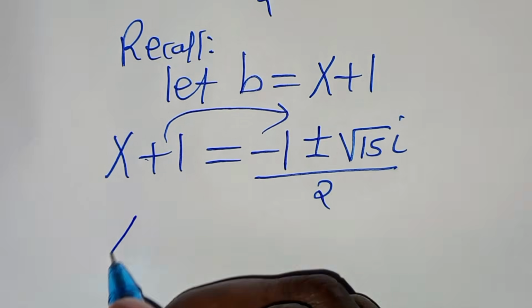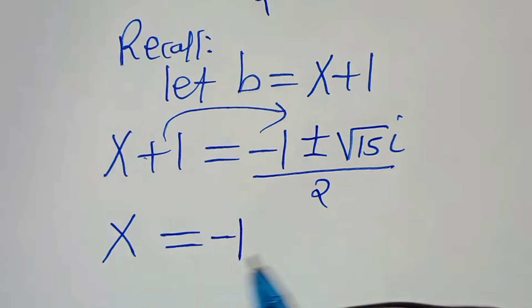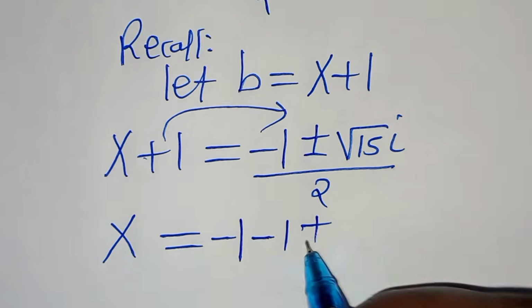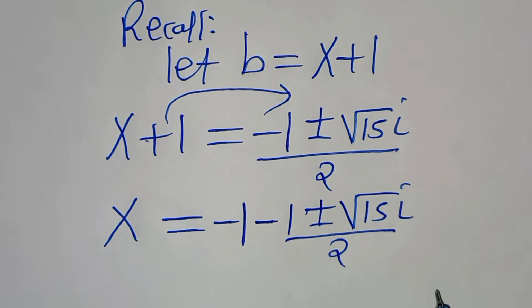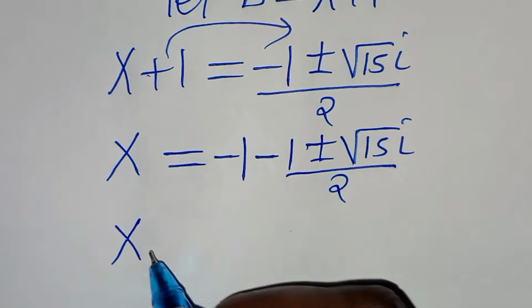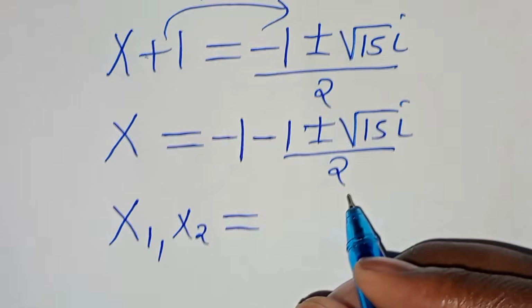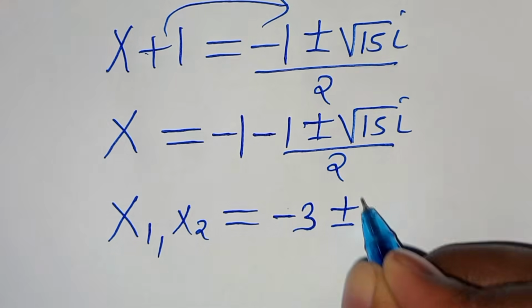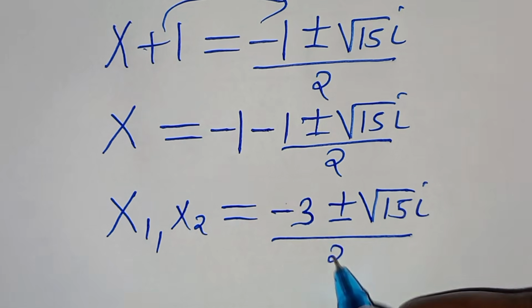So this means we have x is equal to minus 1 minus 1 plus or minus the square root of 15i divided by 2. And we have that x1, x2 is the same thing as minus 3 plus or minus the square root of 15i divided by 2.